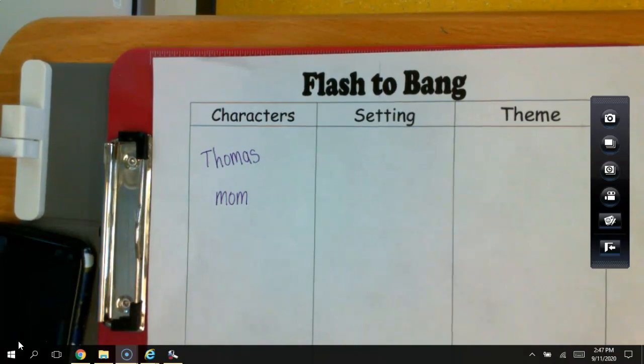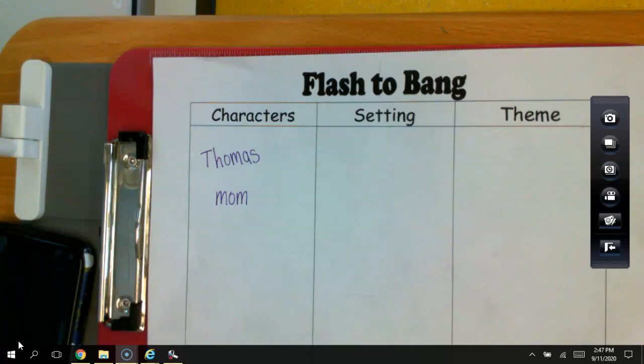Now remember, boys and girls, setting is where and when the story takes place. When I think about these literary elements, I always try to start from the beginning of the story. I like to do things in order because it helps me keep my thoughts organized.